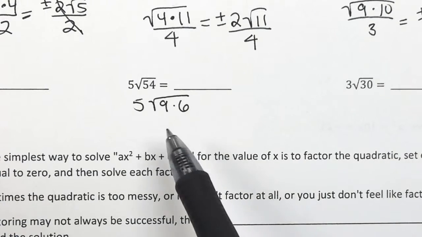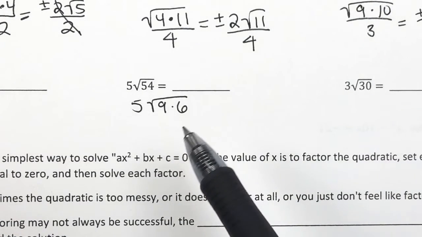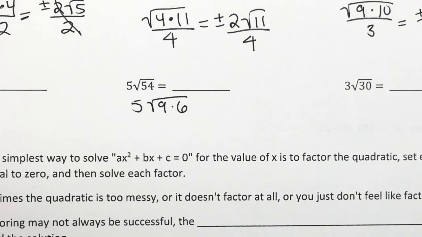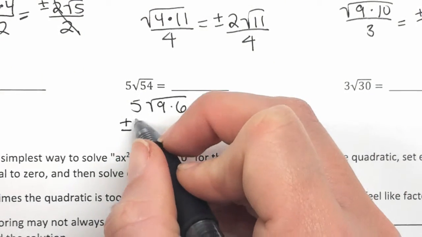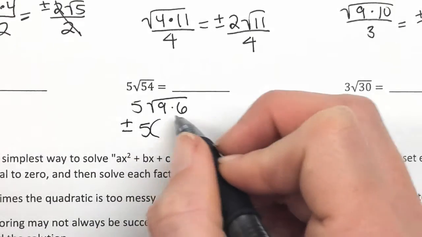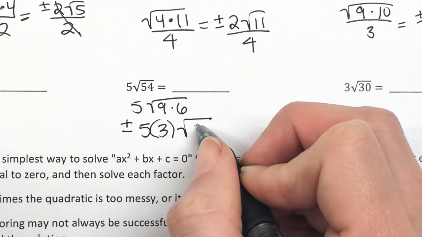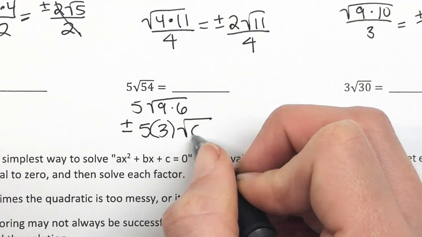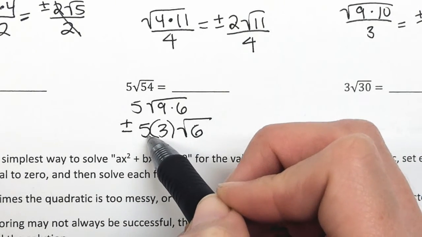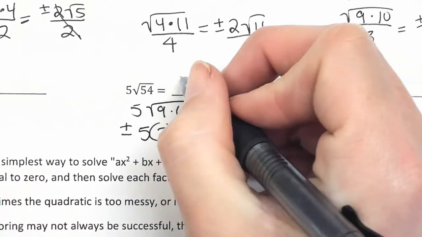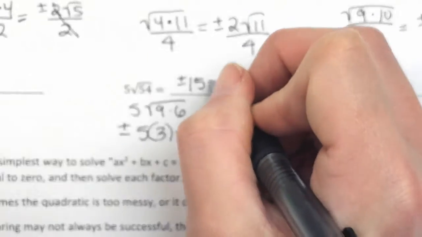So what's the square root of 9? 3, or negative 3. So plus or minus, let's go ahead and leave the 5. We can bring out the 3. Leave underneath what? 6. Good. So over here, what's 5 times 3? So we have plus or minus 15 square root of 6. That's it.